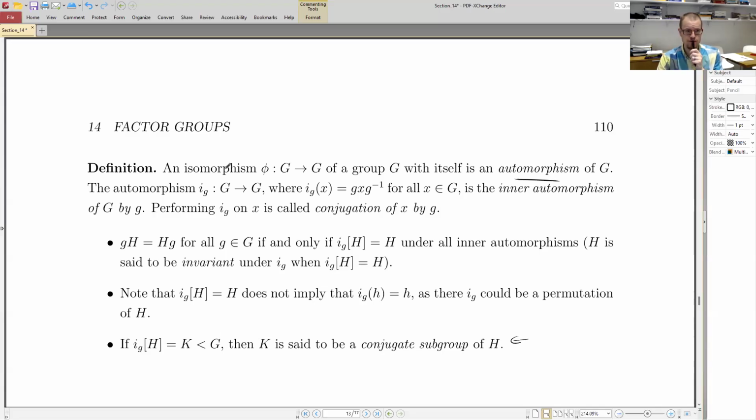It's an automorphism, so it's an isomorphism. So it won't end up with another set. It's not a coset. I apologize. This will be another group because this is an automorphism, an isomorphism. The image of a subgroup under an isomorphism is another subgroup. So the image of a subgroup will be another subgroup. So if you do get something different, K is called a conjugate subgroup of H.